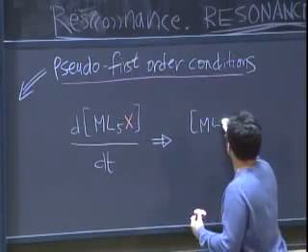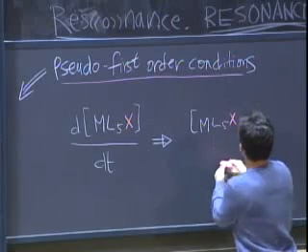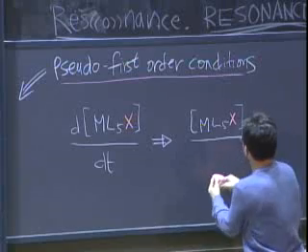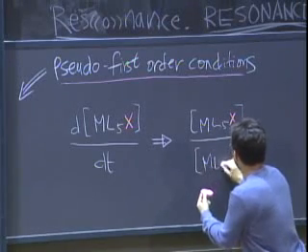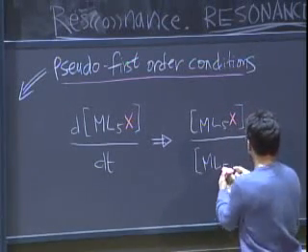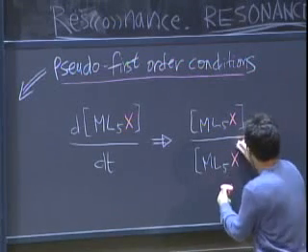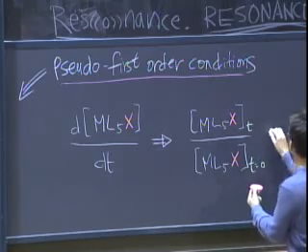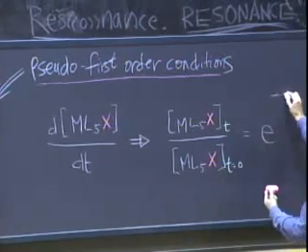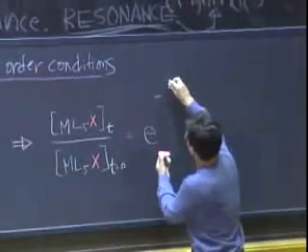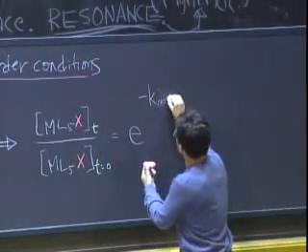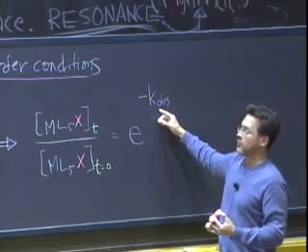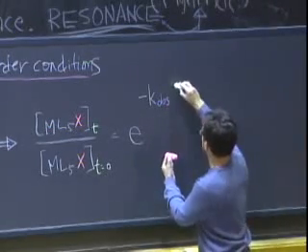So we can obtain ML5X of t divided by ML5X at t equals 0 is equal to e to the minus k observed, that contains that large invariant concentration of Y folded into it, times t.